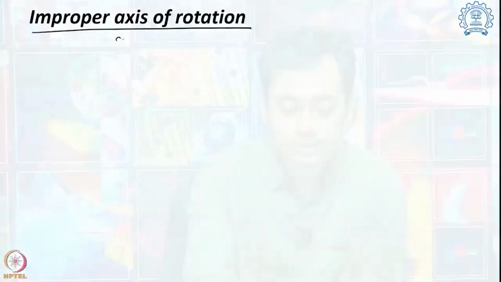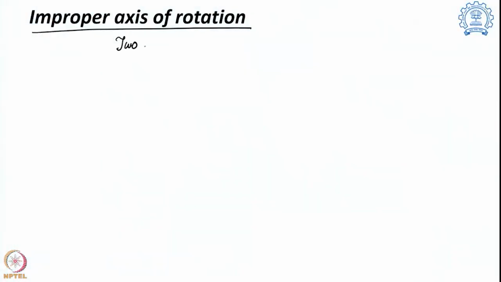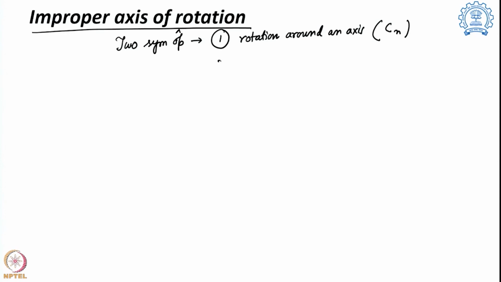Consecutively, so over here we have two symmetry operations. The first one we are going to do is a rotation around an axis, which is nothing but a Cn, rotation around an axis system. We will do that, but we will not stop over here.